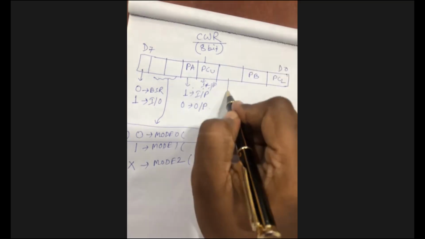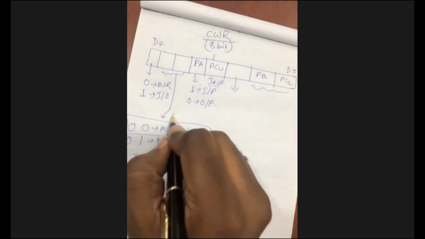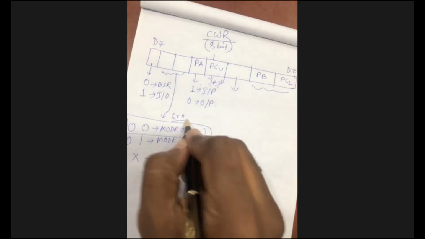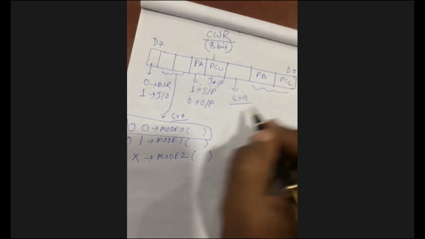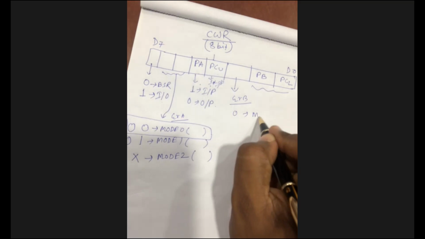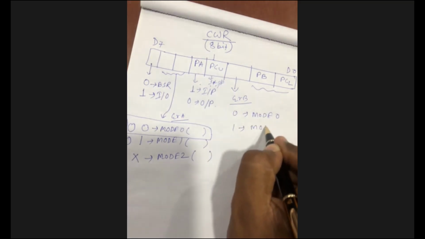Remember this bit again for these two. It's called group B, and this is group A. So group B may be 0 for mode 0, 1 for mode 1.